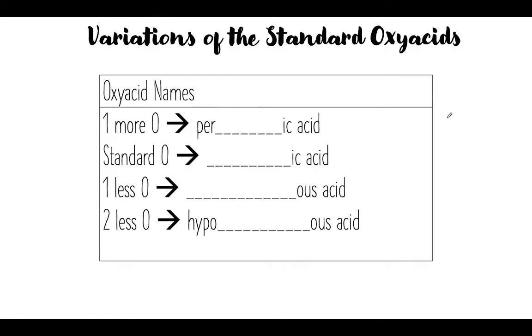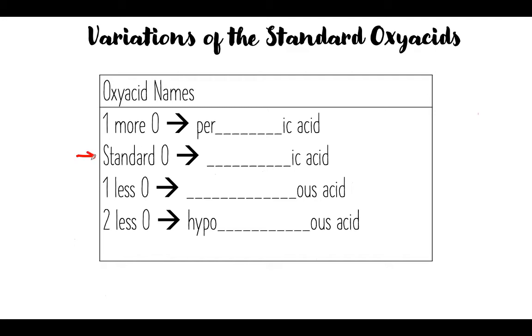Now here's where things get a little bit more complicated. So when we're looking at our standard 5 polyatomic ions, there are variations of those polyatomic ions. And the variations that I'm talking about has to do with the number of oxygens.